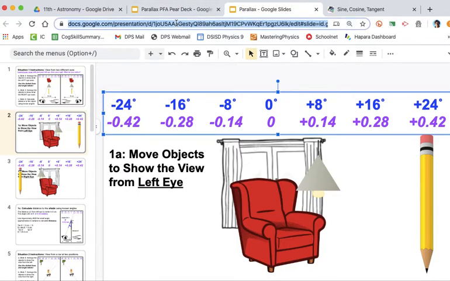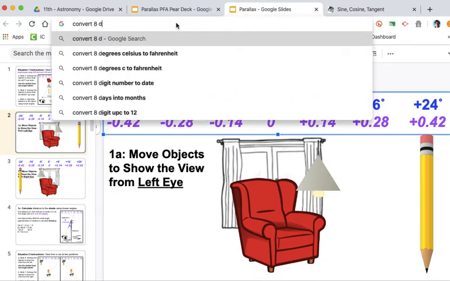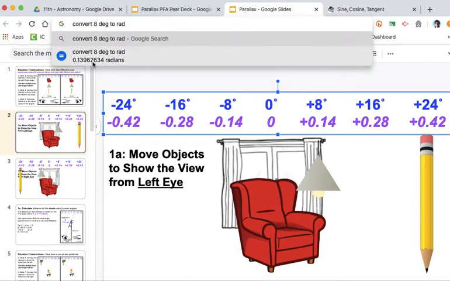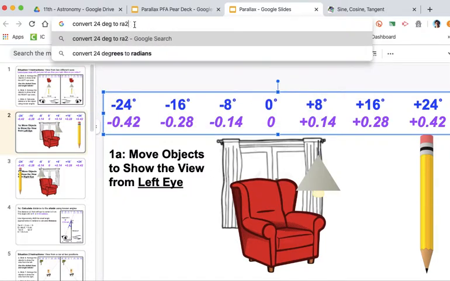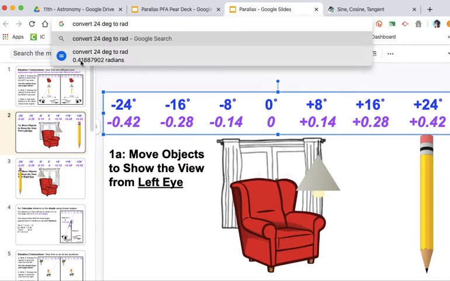You may learn more about the difference between degrees and radians in math class. Some of you may already know about it, but we're not going to talk about it here. Mostly, you need to know that there are two different ways of measuring an angle. So, for example, if I ask Google to convert 8 degrees to radians, it'll tell me that is 0.14. Or if I say convert 24 degrees to radians, it'll tell me it's approximately 0.42. So this is another way of measuring an angle.